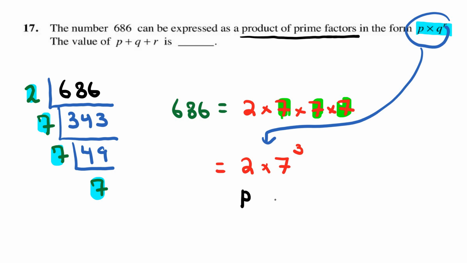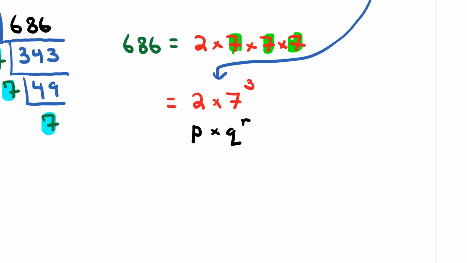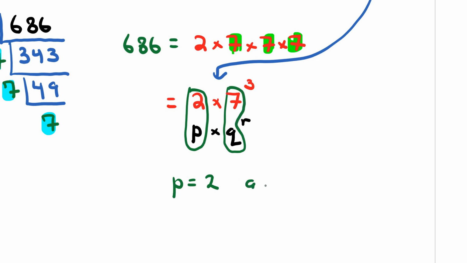This is p times q to the r. All we have to do is just line up the numbers with the letters. So I can see right here that p equals 2. Clearly I can see that q equals 7. And finally over here I can see that r would equal 3.